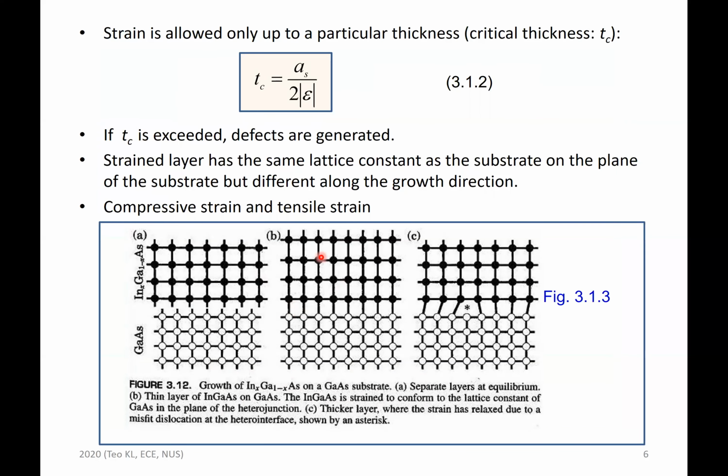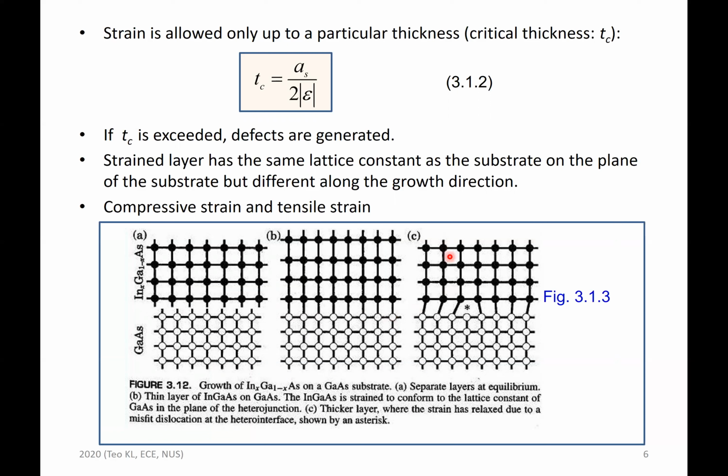This thin layer of indium gallium arsenide can be grown on the gallium arsenide, and is compressed in the lateral direction. So you can see the bonding is continuous. Basically, the strain conforms the lattice constant to that of the gallium arsenide in the plane of the heterojunction, at the interface.